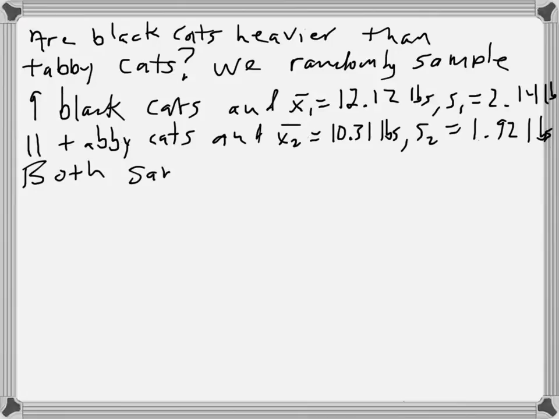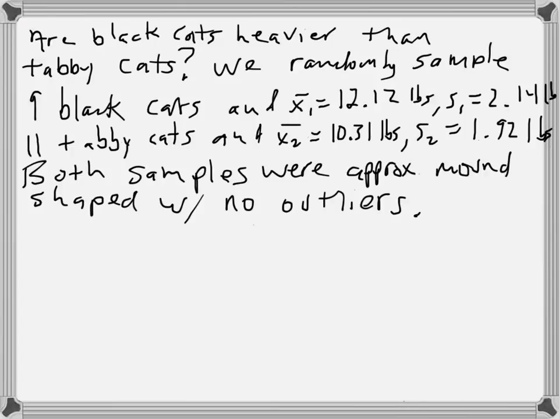Both samples, and 11 tabby cats, and their sample mean was 10.31 with a standard deviation of 1.92. In both samples, a plot of both samples showed they were approximately mound-shaped with no outliers, saving you some extra work.